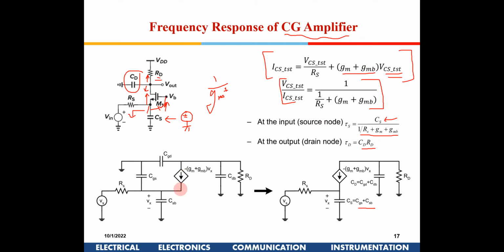Actually, still that GM is not clear to me. Like when we get GM and when we get 1 by GM. No, 1 by GM is the resistance. Oh, yes, sir. Sometimes you are getting GM, sometimes you are getting 1 by GM. So I'm not getting that. No, when I'm talking about resistance, I call it 1 by GM.